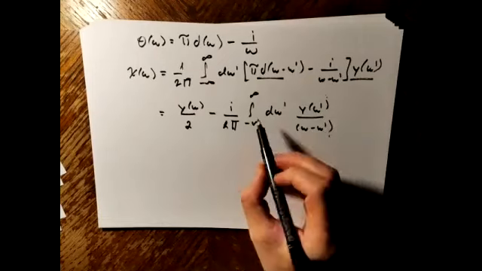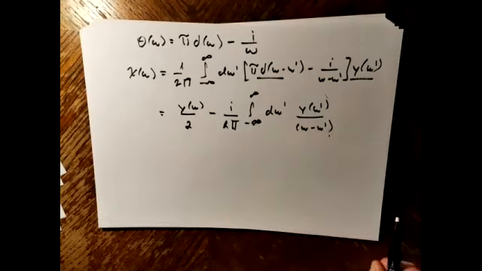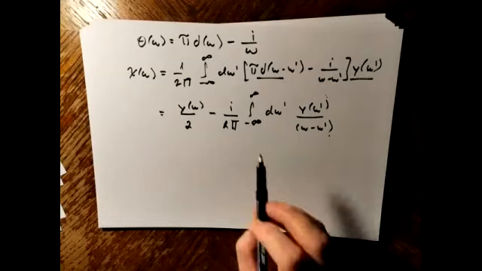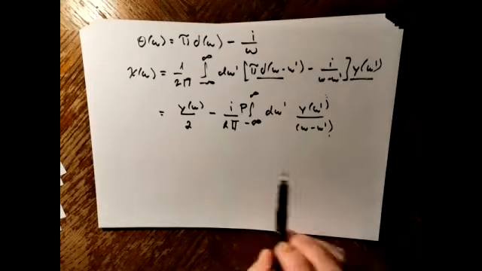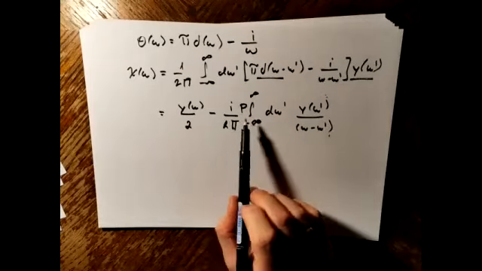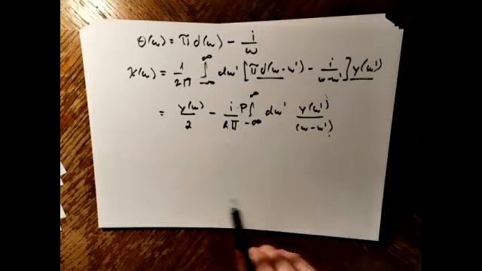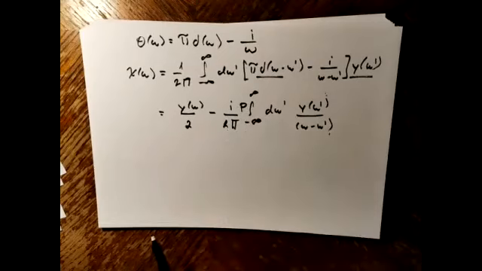But we have to be careful with this because there's a singularity on the real axis. That's a conditionally convergent integral, and in order to make it convergent, we have to take the principal value. So we have to take the principal value of that integral for this to make sense.